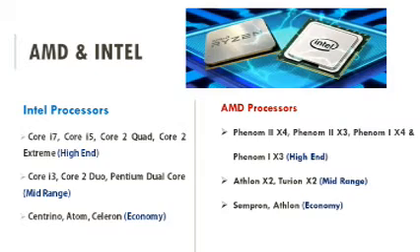The last one is the Celeron. The Celeron is a basic economy model of this processor, and it is slower than all other processors. It is not recommended for any kind of technology work because its performance is very slow. This is the last segment of processors, the economy processors.